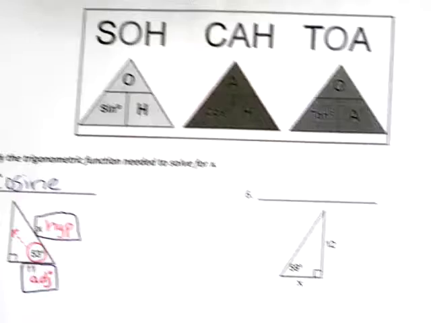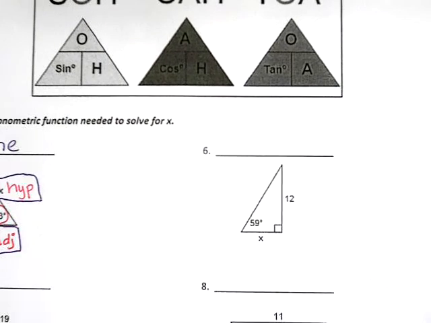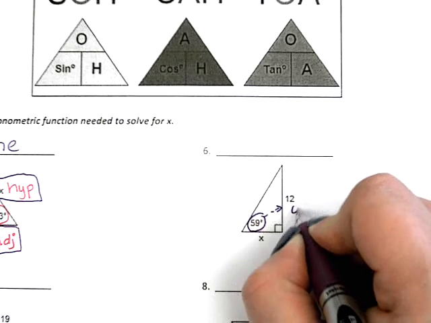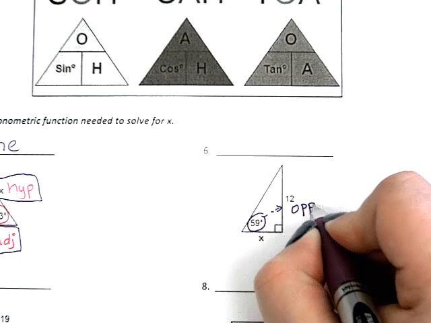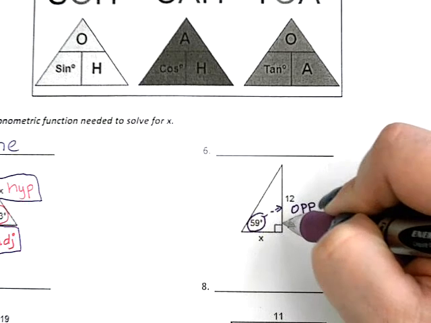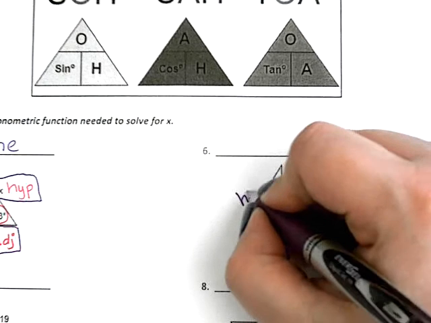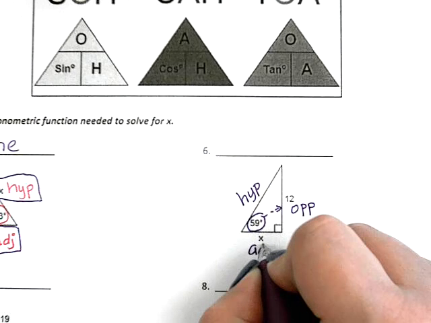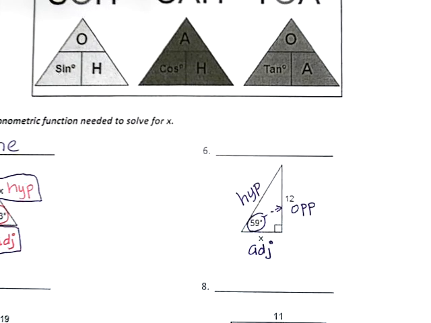Okay? So we're going to do the same thing for number 6. Here's my angle. The side across is my opposite. Across from my right angle is my hypotenuse. And then that third side, that's the leg that's next to my angle, that's my adjacent.